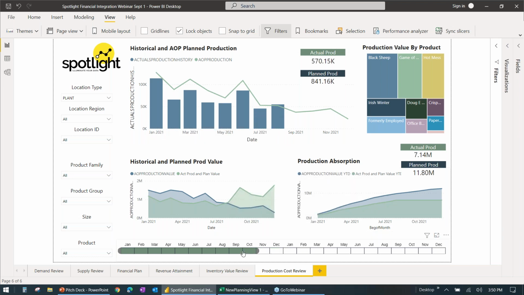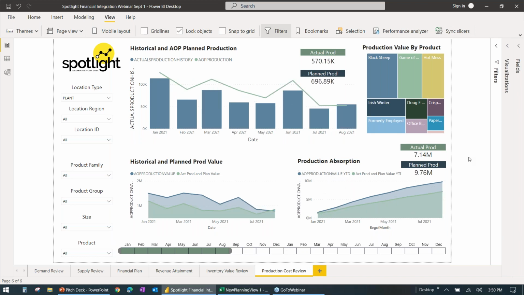I'll bring this back to September. Let's go through the end of August, as these numbers will probably make the most sense for everyone. In this case, I consistently underproduced against my AOP plan. My AOP production value was 6.8 million, and my actual production values year to date were 4.7.